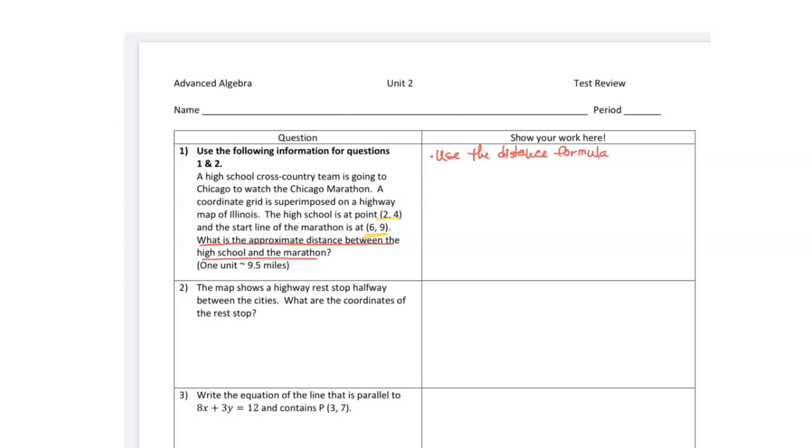After using the distance formula, remember that your answer will simply be in units. You'll need to convert your units to miles by multiplying your answer by 9.5 miles. You try it and then check your work.